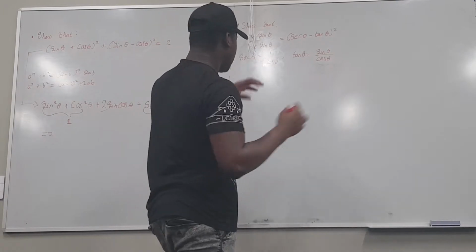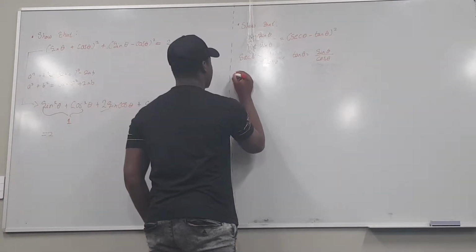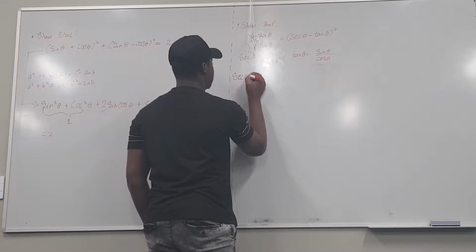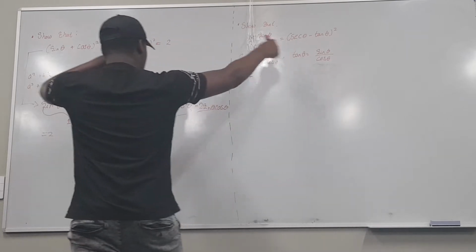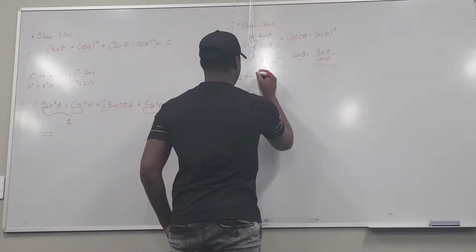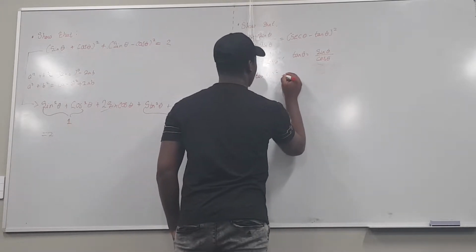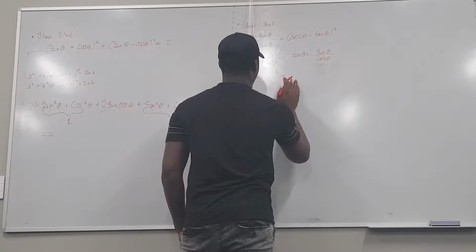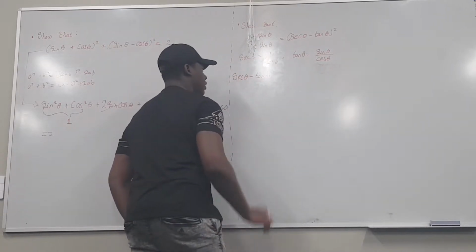We have sec theta. We can actually do this the way we did the previous one and expand the bracket, but let's not do that yet. Let's just evaluate what sec theta minus tan theta is first.